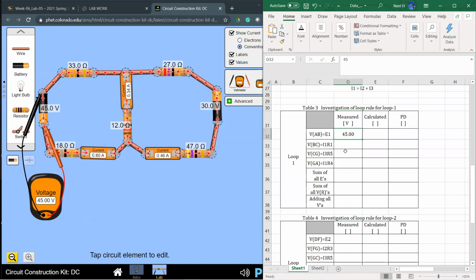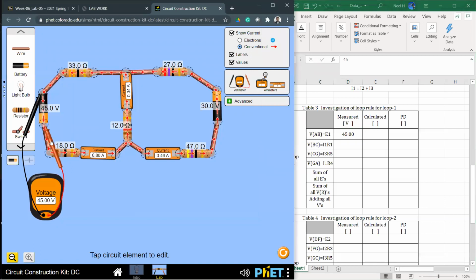Now when you're moving through the circuit and measuring the voltages, remember this is extremely important. You have to bring these probes very carefully relative to how you started. This is the positive side of the battery.